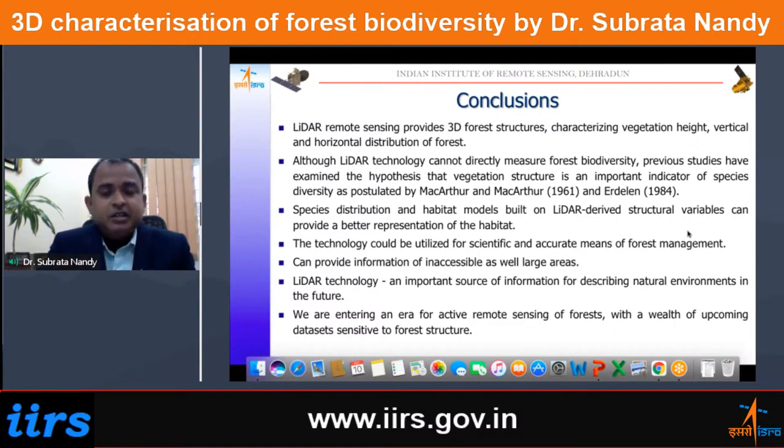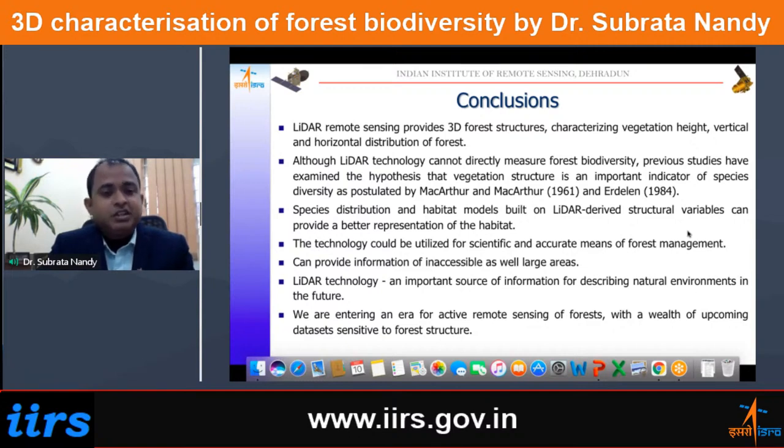So basically, LiDAR remote sensing, as we discussed, provides a 3D forest structure, which characterizes your vegetation height and the vertical and horizontal distribution of the forest. Although this LiDAR technology cannot be directly used for measuring biodiversity, it has the capacity to give you an idea of the structure.